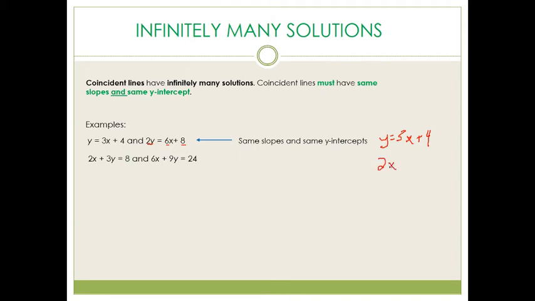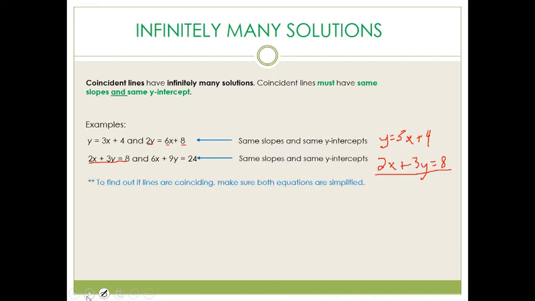If I divide 9y by 3, I get 3y. If I divide 24 by 3, I get 8. So notice now that we really have, again, the exact same equations. So that tells me that there are infinitely many solutions because they are in fact the same line.